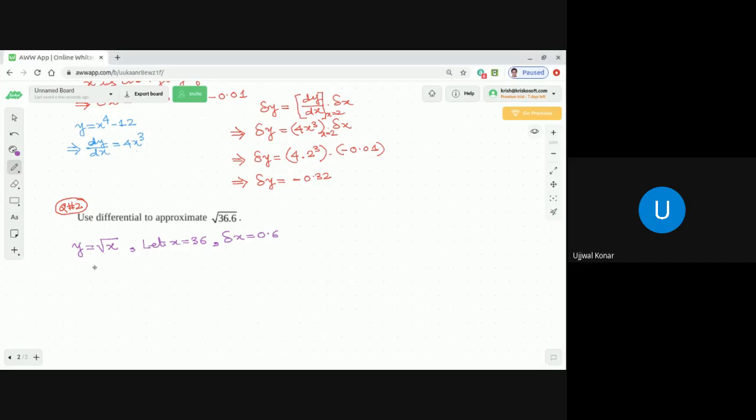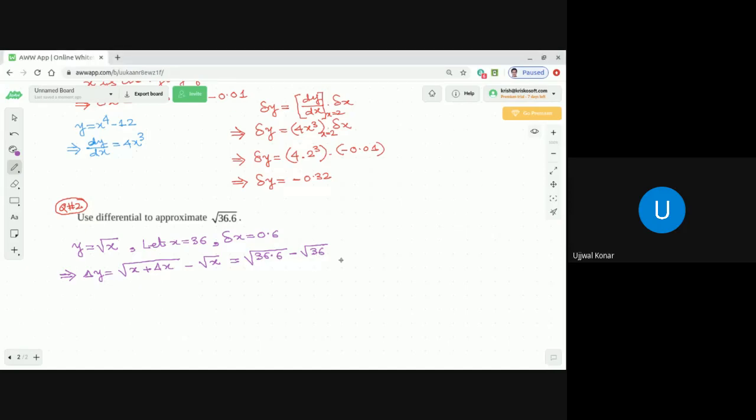If y equal to square root of x, then what will be delta y? Delta y should be square root of x plus delta x minus square root of x, correct or not? So this is equal to square root of 36.6 minus square root of 36, correct?